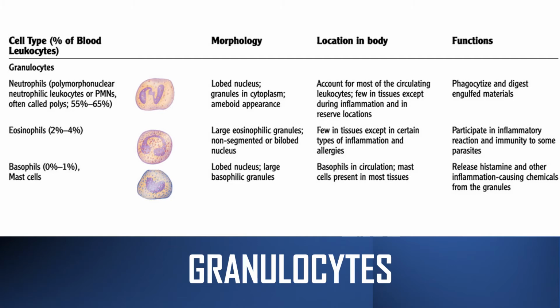Next is the basophil, which makes up about 0 to 1% of the blood. They have a lobed nucleus and large basophilic granules, with basophils in circulation and mast cells present in most tissues. Their function is the release of histamine and other inflammation-causing chemicals from the granules.